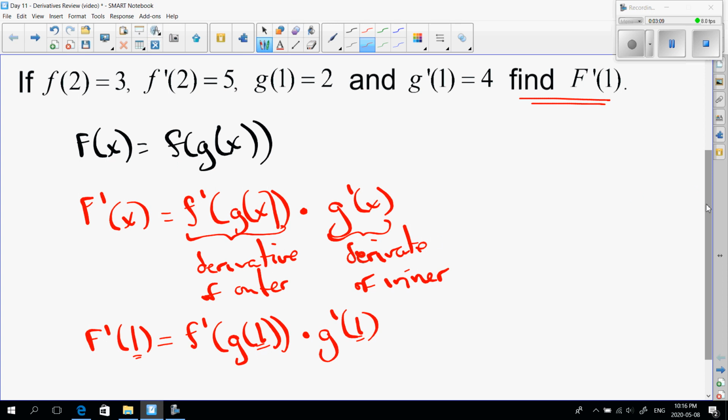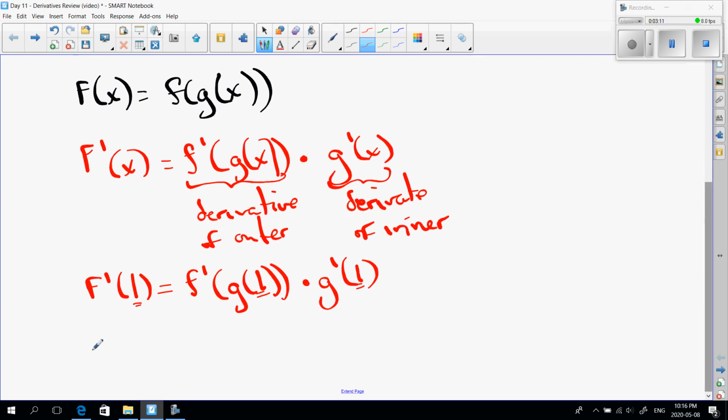Now, I'm going to do this slowly, one at a time, but you could actually evaluate this first. But let's work on this derivative of the outer function. Well, what does g at 1 equal? So I'm going to change this so that it says f prime, and then replace that g at 1 with something, and I'm still going to multiply by g prime 1.